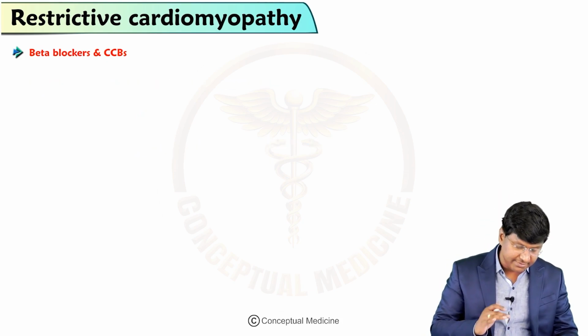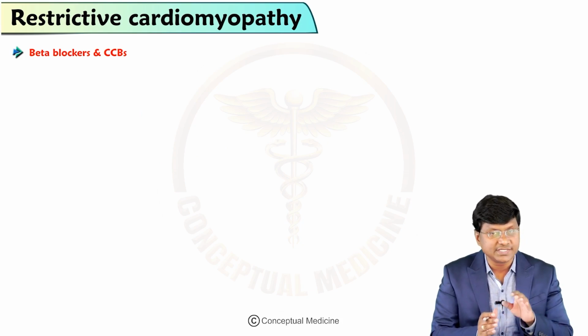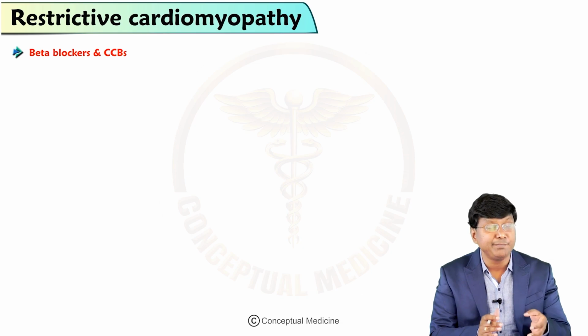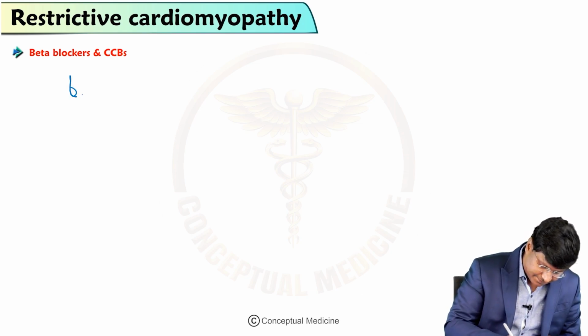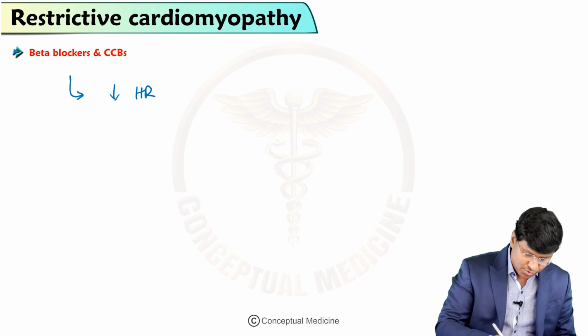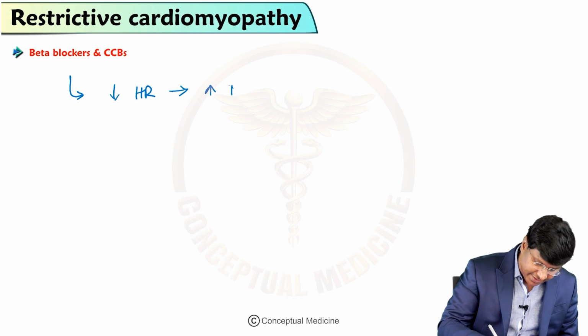Then what about the beta blockers and calcium channel blockers? Beta blockers will reduce the heart rate and improve the filling by increasing the diastolic time. So by reducing the heart rate, what will happen to the diastolic time? There will be increase in the diastolic time.